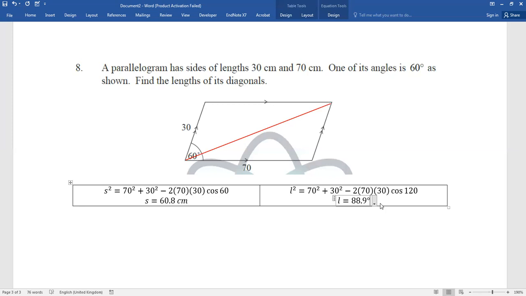So 88.9, not degrees, sorry, it's 88.9 centimeters. Is this clear, class?